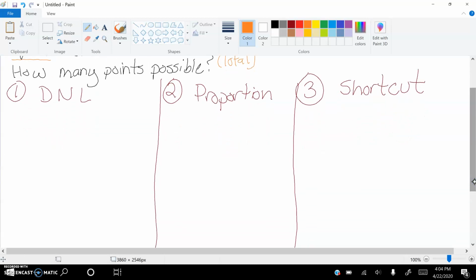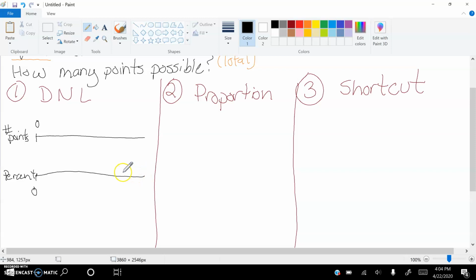So starting with a double number line, I'm going to draw my number lines here. The bottom will be the percent, and the top number line will be how many points we got on the test. If we did not get any points, we know that would be a 0%.